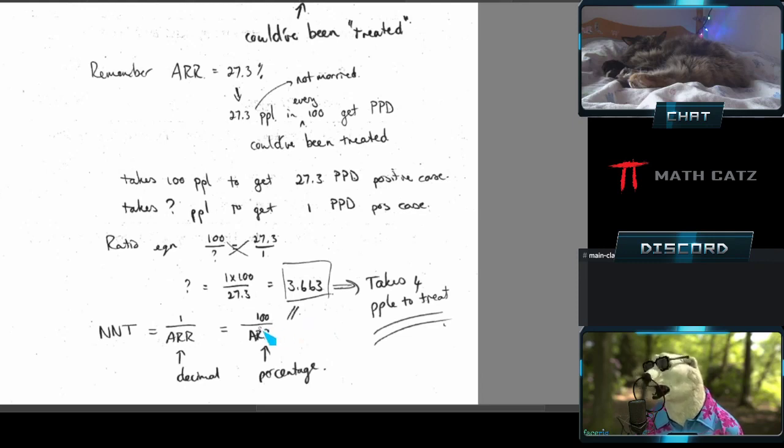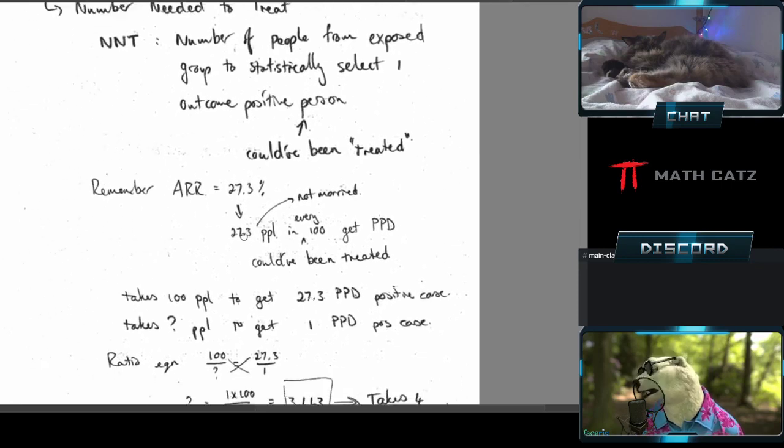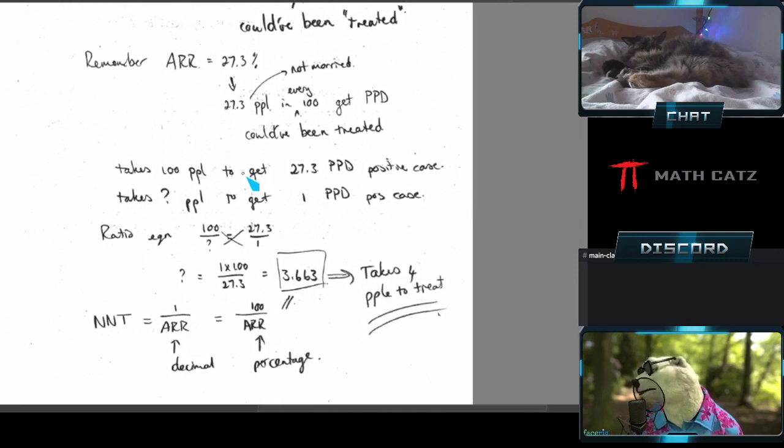But when I first looked at this, I didn't immediately understand why this is the calculation. It makes no sense to me personally. So I wanted to give you a little bit of an explanation for where this 3.6 comes from. So to some people, it has value to think of these things in terms of number needed to treat.